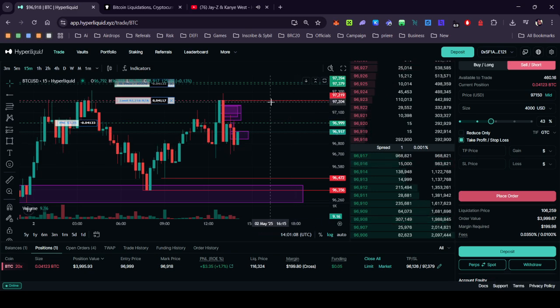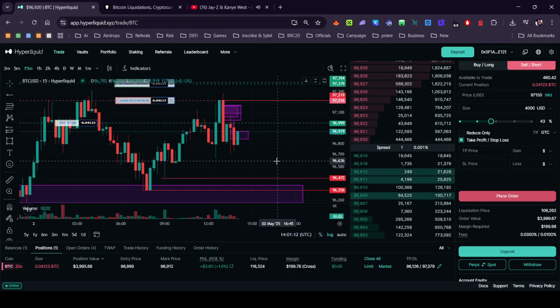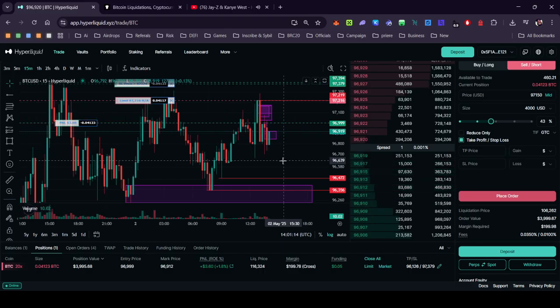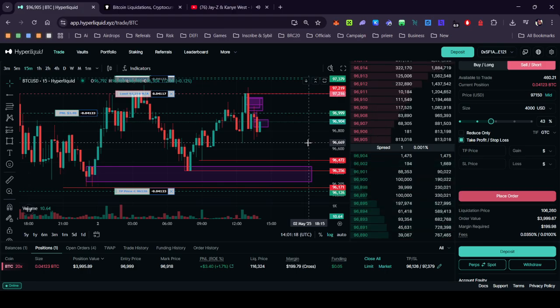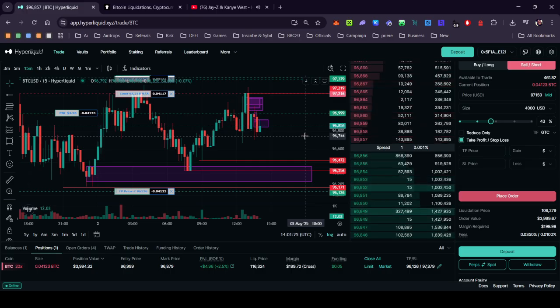That is a level that we really want to see filled before diving below again. So either way, I'm going to cut this trade short soon. I'm going to close my long and take my profits if price keeps rejecting around the 97K, 96K700.